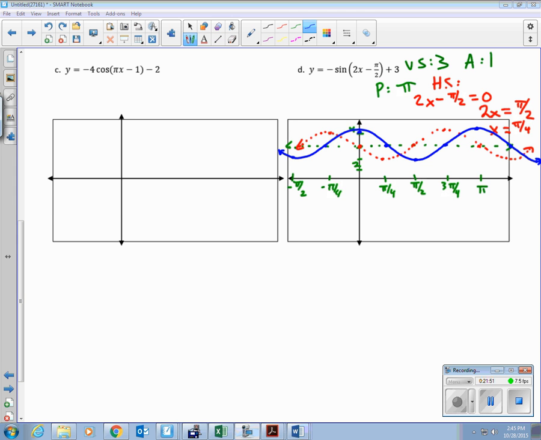Yes. Question. Okay. Let's focus, kids. This is a really good question. The ghost graph started at the middle. After it shifted, it went to the max. And so it looks like cosine, right? It turns out, Eric, that every single graph that we write as cosine, you could apply a horizontal shift and make it look like sine.